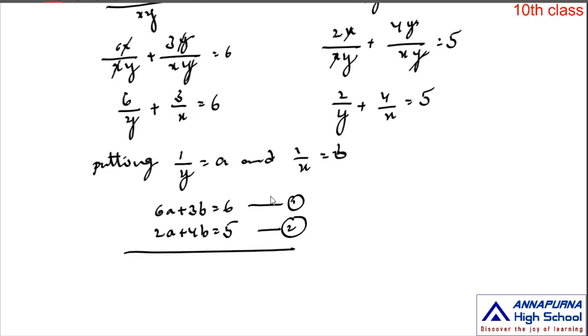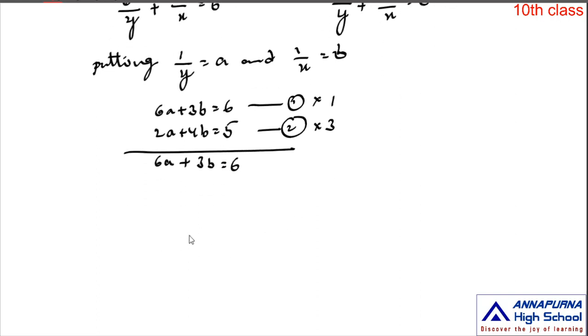To solve these two equations, here I am multiplying the first equation by 1 and the second equation by 3. Okay, so 6a into 1, 6a plus 3b into 1, 3b, is equal to 6 into 1, 6, and 2a into 3, 6a plus 4b into 3, 12b is equal to 5 into 3, 15.